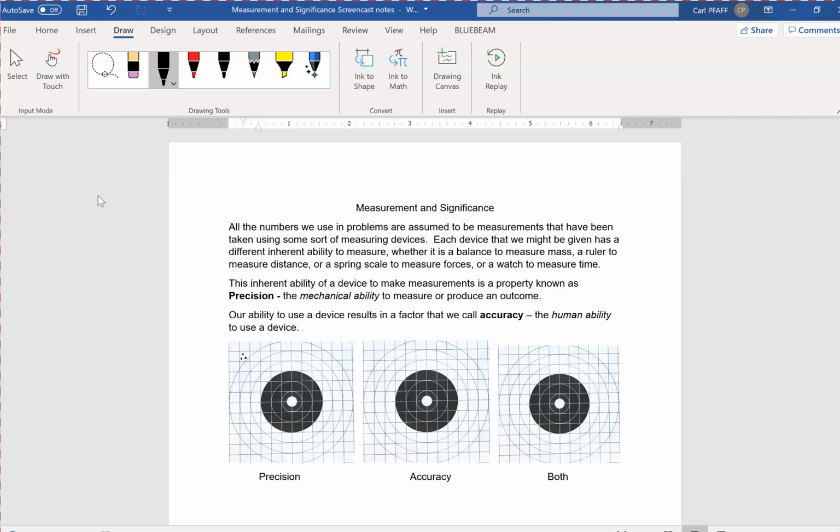If you get one of these rifles made by various different companies or handmade by certain gunsmiths, you'll pull a target out of the box that will show you what your rifle was able to shoot.